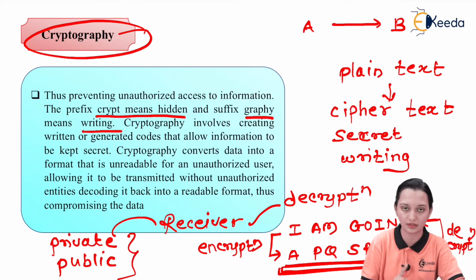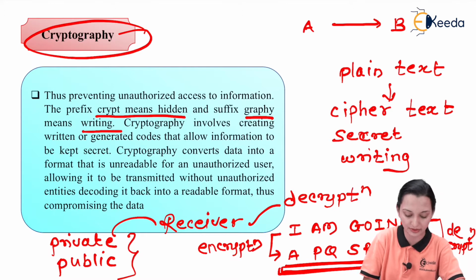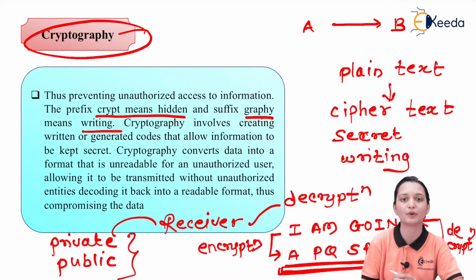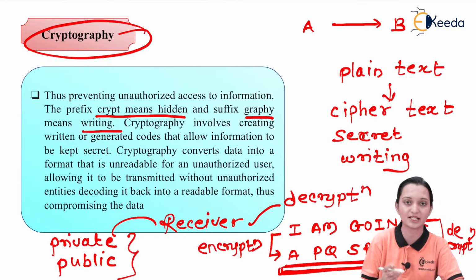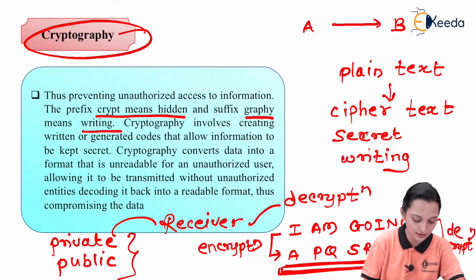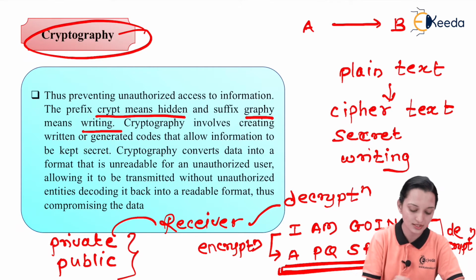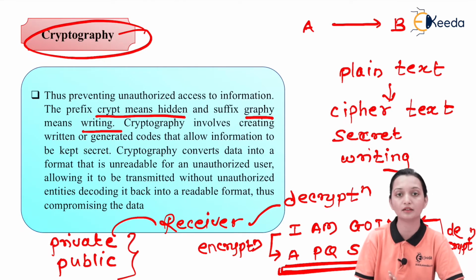But in asymmetric key cryptography, the private key is used by the receiver for decryption, and the public key can be used by both the sender as well as the receiver. So in asymmetric key cryptography, both private and public keys are used, while in symmetric key cryptography, only one key, the same key, is exchanged between the sender and receiver, and that is nothing but what? The private key. So this is the basic idea behind cryptography.